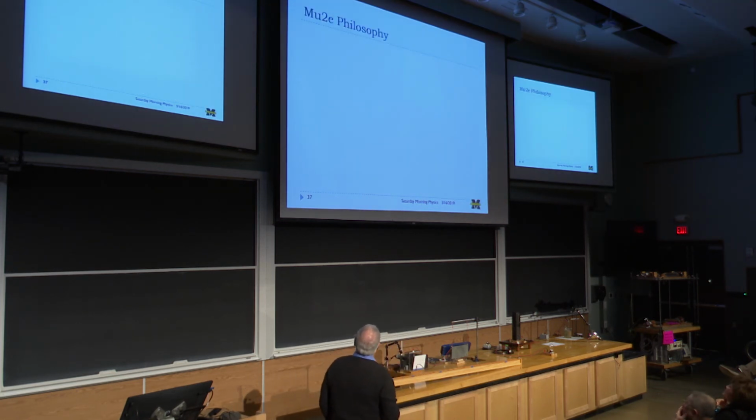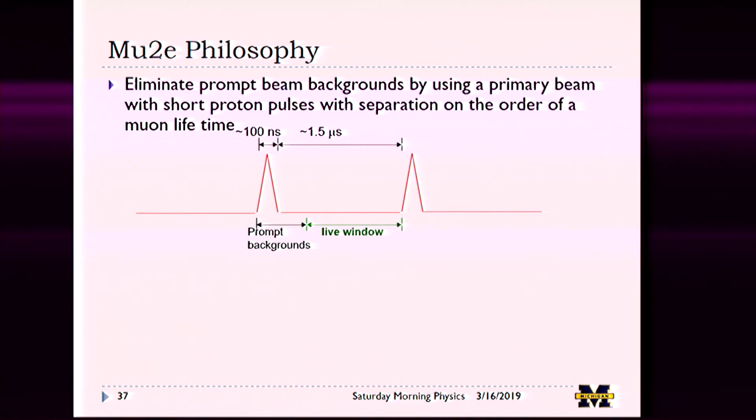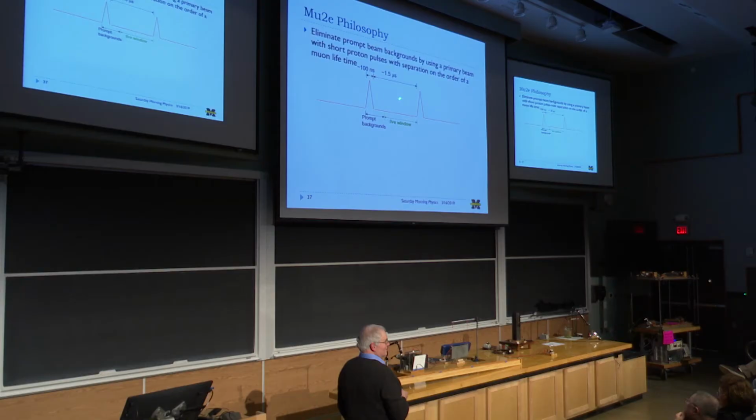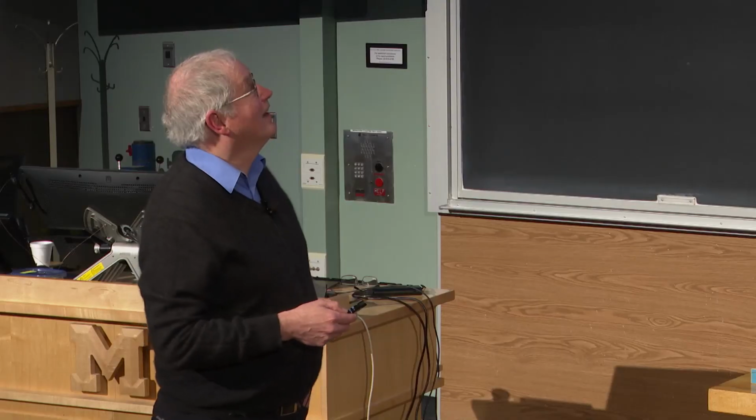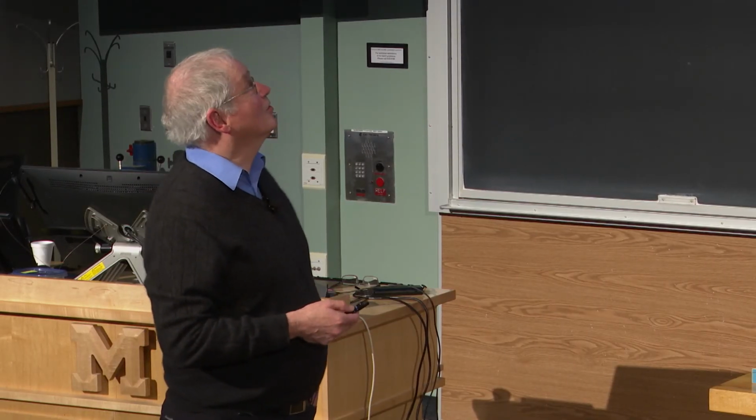So how do we do this? Well, we're going to take some protons in, make some muons. Actually, we don't make muons, we make pions. Pions then decay to muons. Take those muons and look for them to turn into electrons. Then we do it again. And we keep doing this every 1.5 microseconds for 10 years.